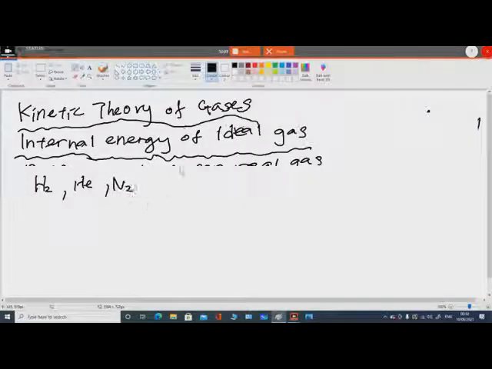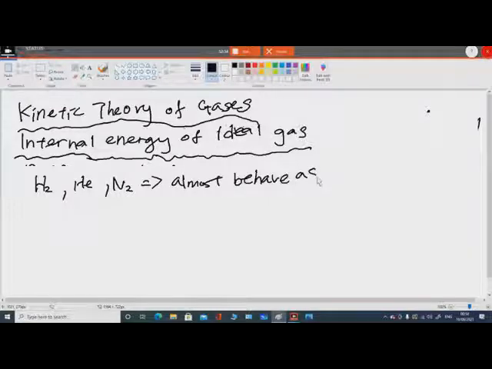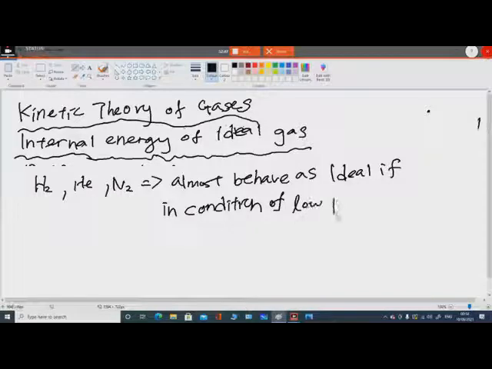These three gases almost behave as ideal gas in the condition of low pressure and high temperature.